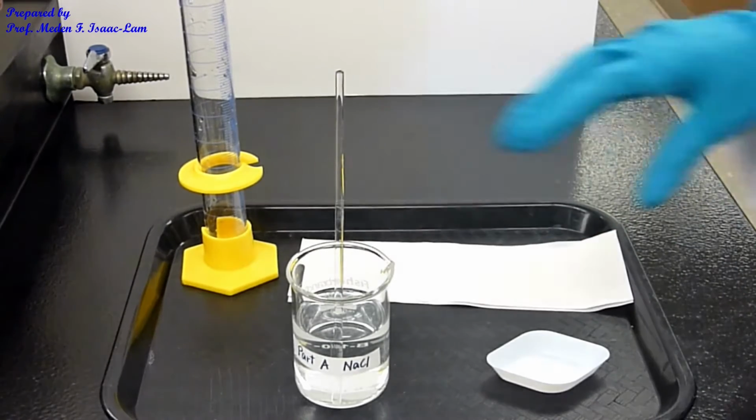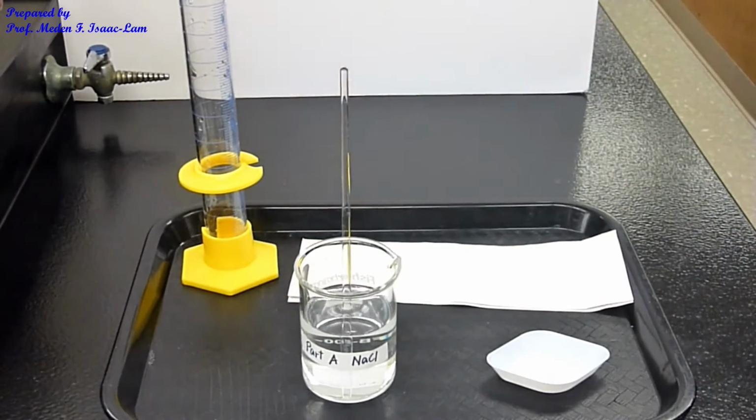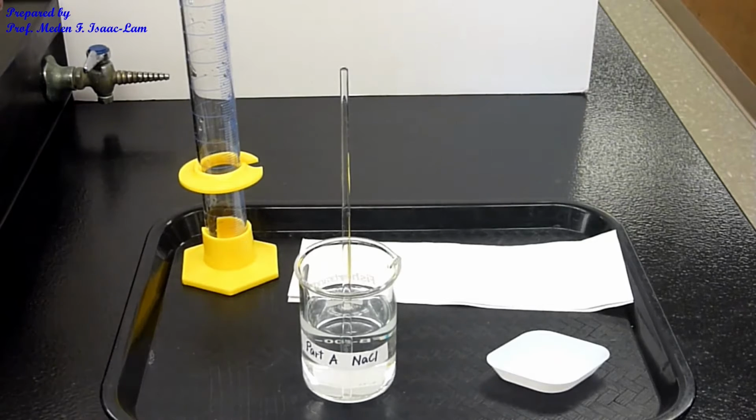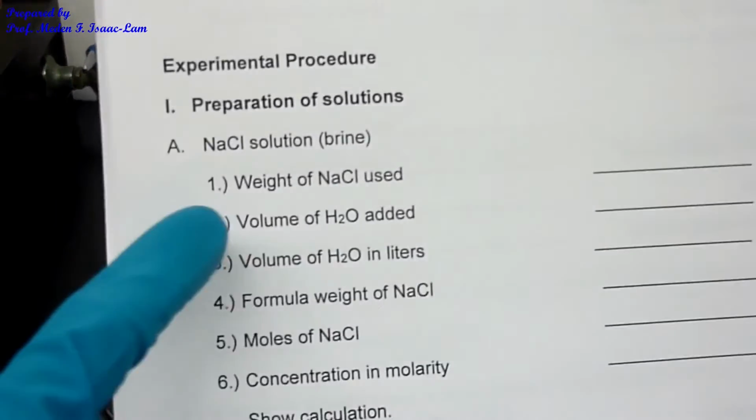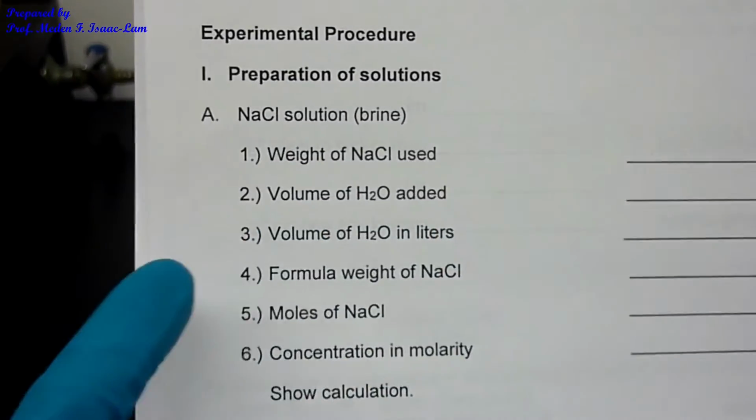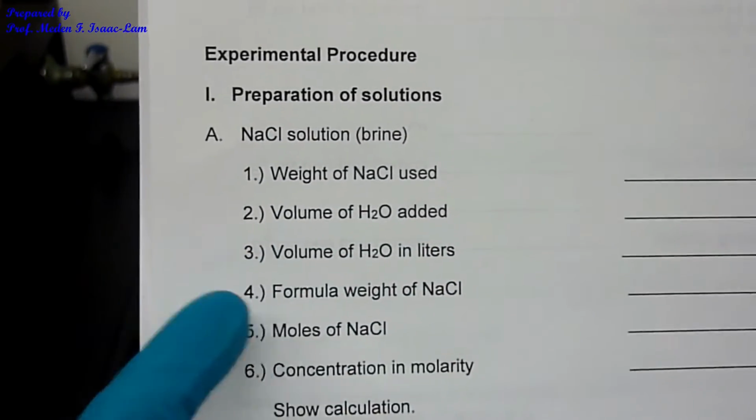That's your solution in part A, NaCl. Now you are going to determine the concentration and write down the information in the report form: weight of NaCl used, volume of water added, and volume of water in liters.